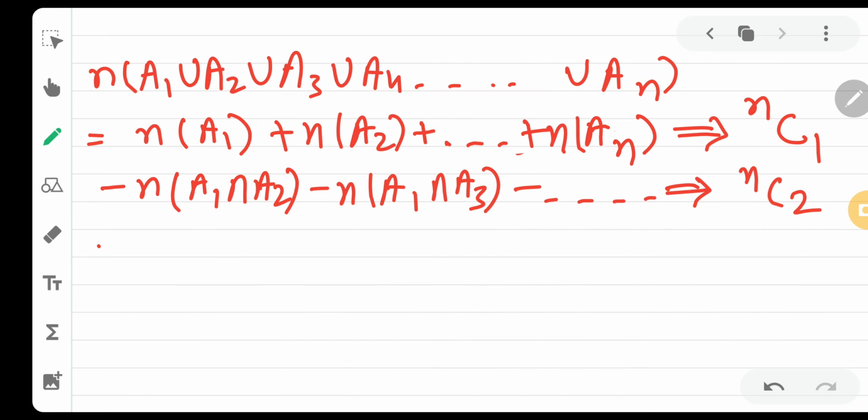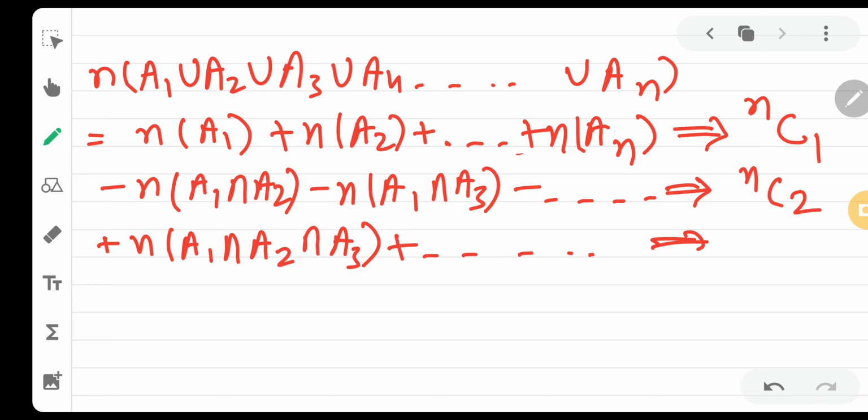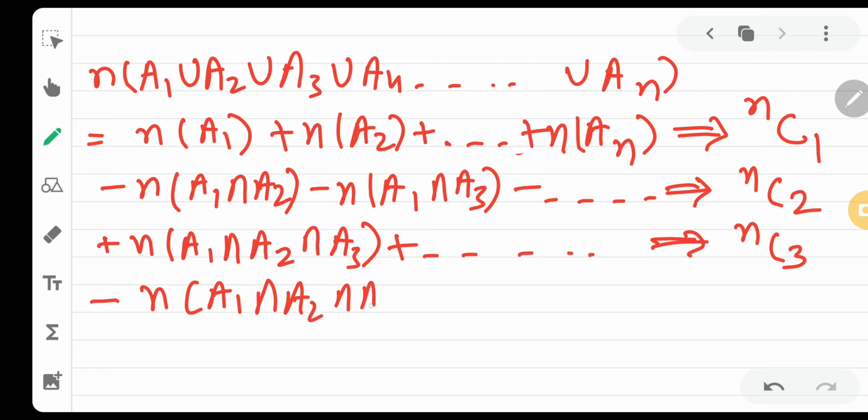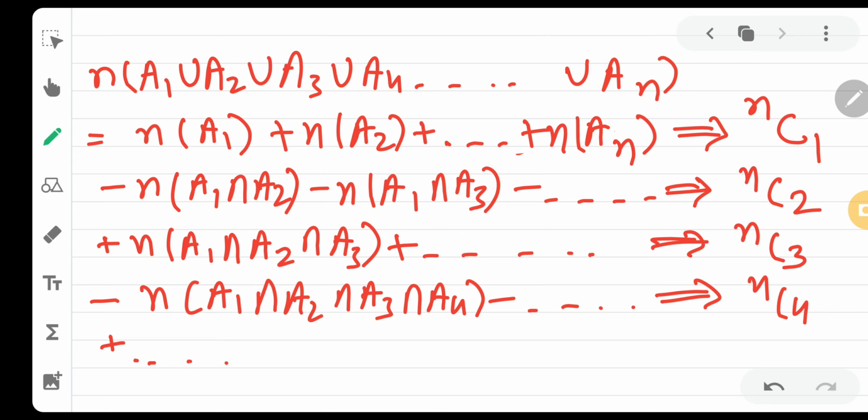Then we will take plus and 3 in intersection: number of A1 intersection A2 intersection A3 and so on. There will be NC3 possibilities. Then all 4 at a time: A1 intersection A2 intersection A3 intersection A4 and so on. So there will be NC4 possibilities and so on. This concept will go on.